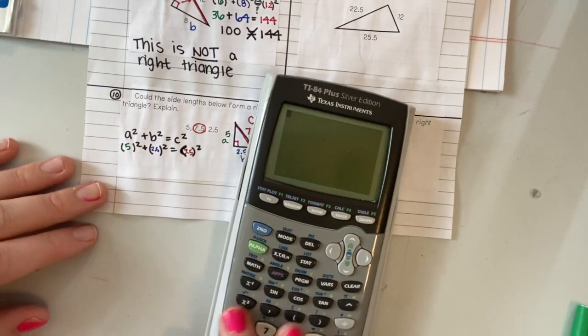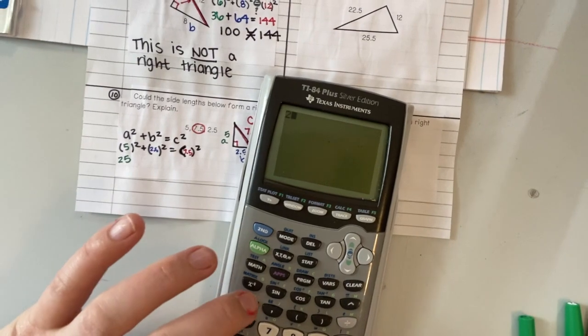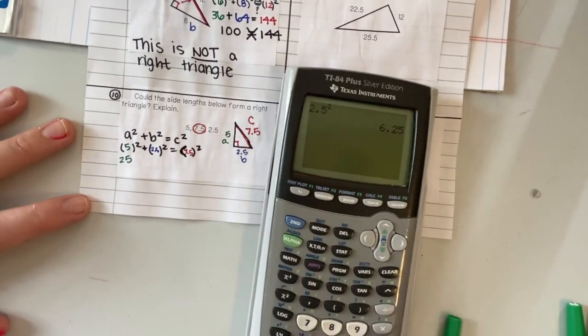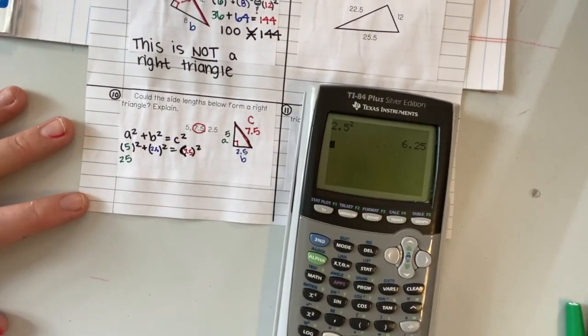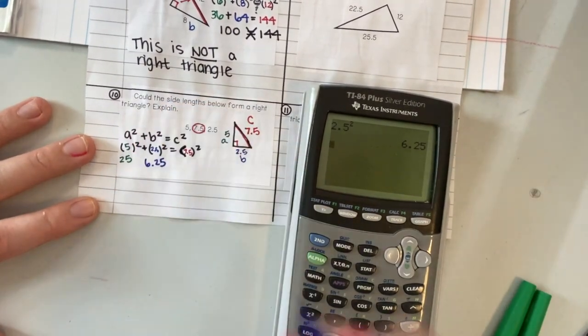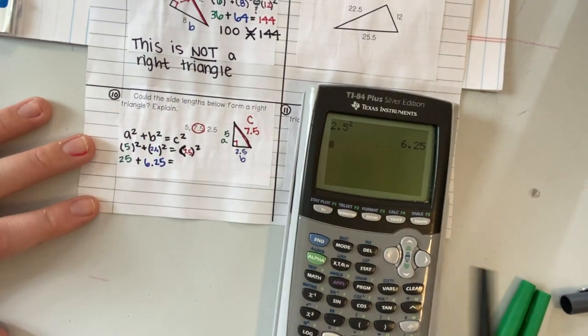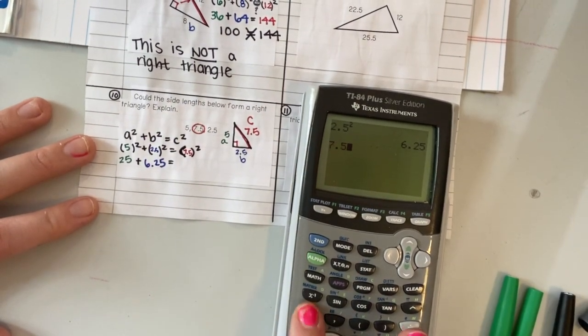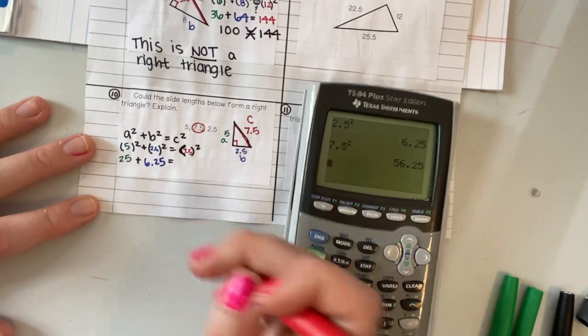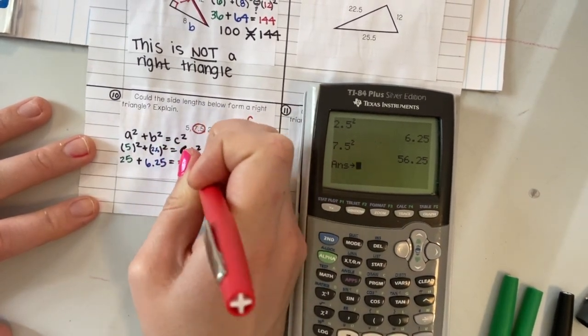Well, I know 5 squared is 25. We know 2.5 squared is 6.25. And then 7.5 squared is 56.25.